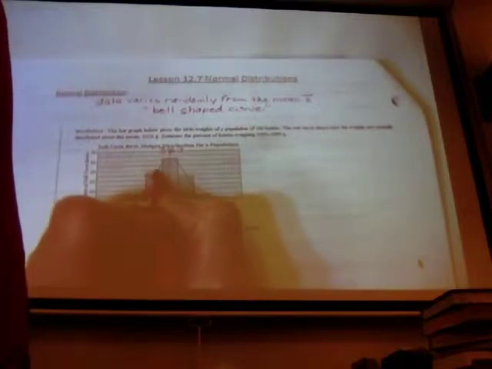And you can estimate the percent of the babies weighing between 2,500 and, which is here, to 3,900, which is here. So if you look at this, estimate and add the percents, I would be adding up all of these numbers here. The percent on this bar graph is around 23%.